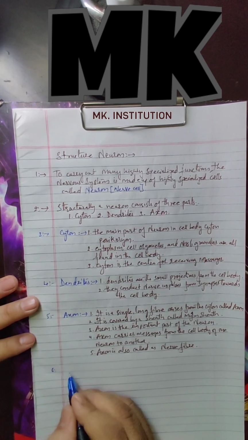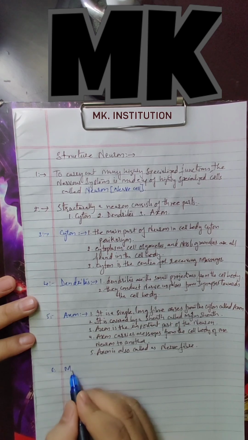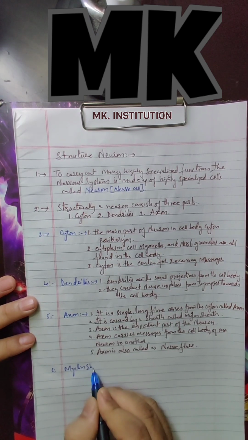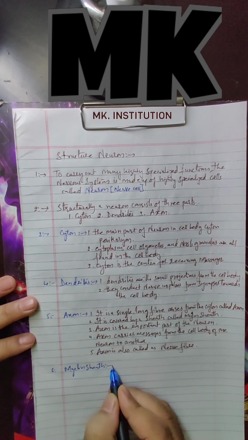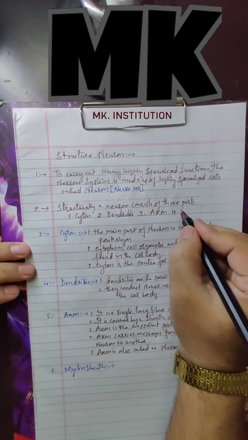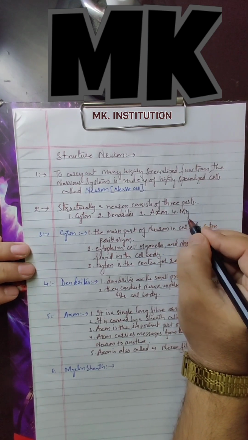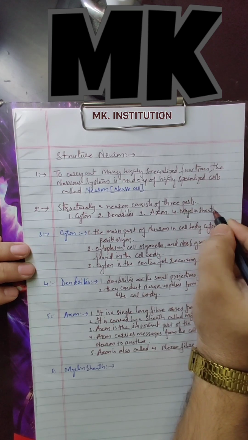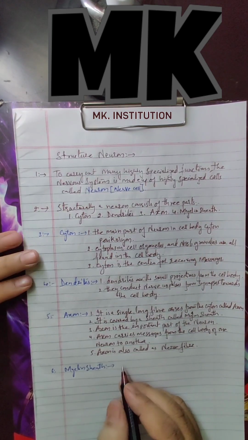Sixth one, that is myelin sheath. Clear? This one also very important. Myelin sheath. Clear? Now, what is the work of myelin sheath?